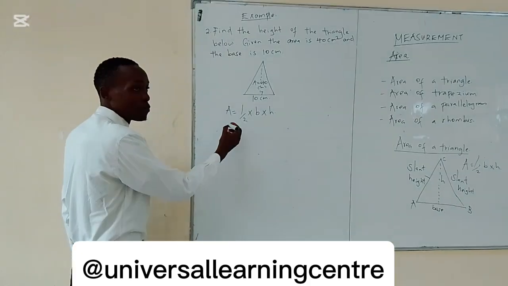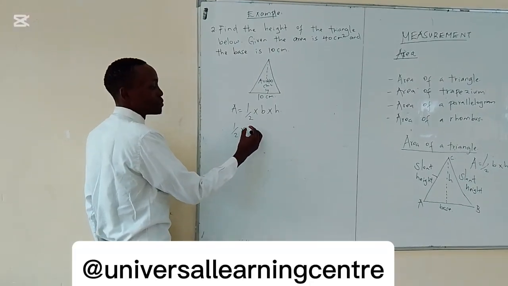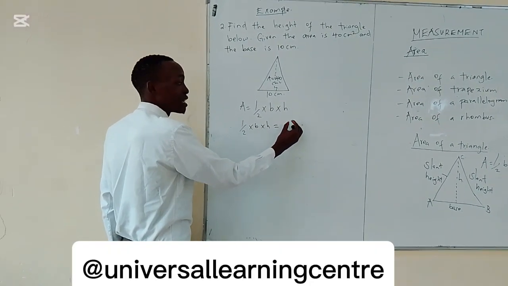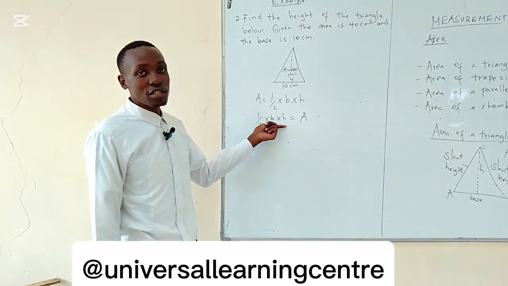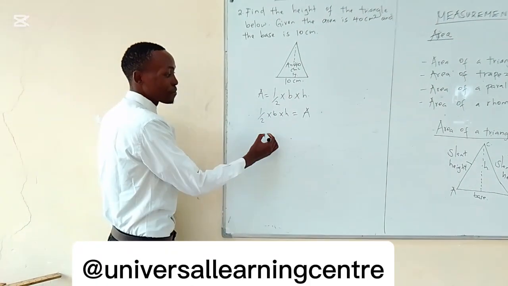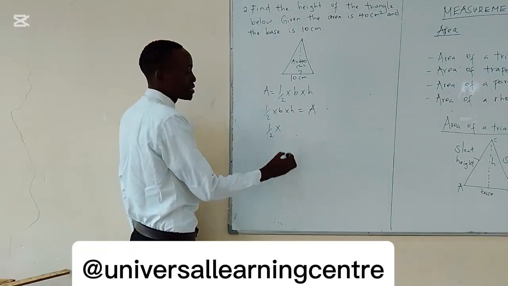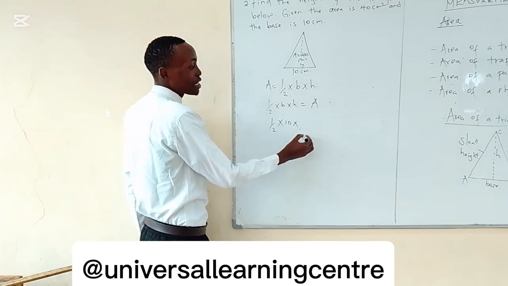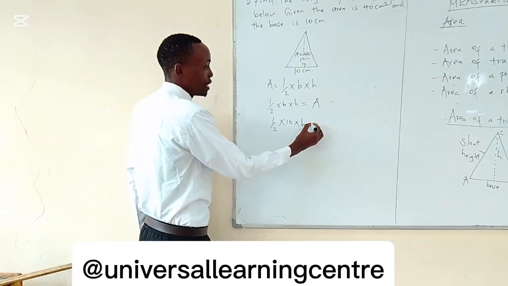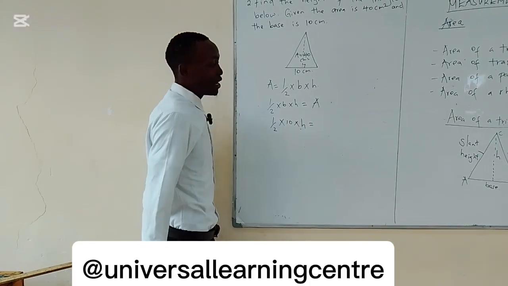You can say also this formula can be half times base times height is the same as A. Now having known this, take the values that you have been given. So half remains as half. So half times we have been given the base as 10, multiply 10. Then we don't have the height, just use h is equal to the area, which is 40.